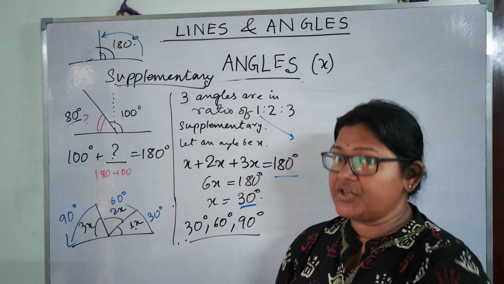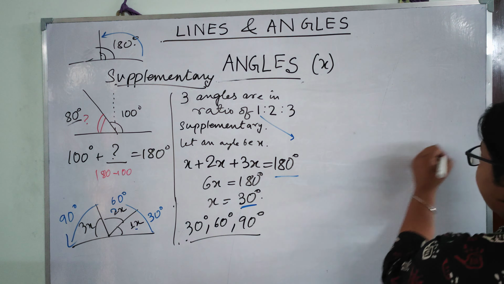Okay? I will show one last sum in supplementary. Considering 5x plus 2 and x minus 9. I am taking a random number. So let's see what we are getting. If this is the sum which has been given, you can see what my total is. I will always check for the total angle.